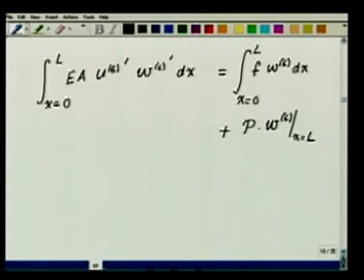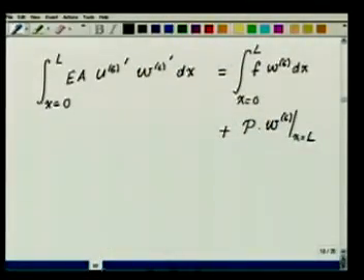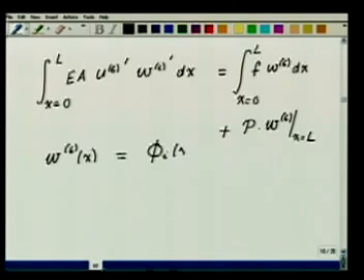Since this w is a weight function, it's an admissible function that we have taken. It could be anything provided it satisfies the geometric conditions at the ends. That is, these wi's that we used in the representation of w6 can be chosen according to our wish. So what we'll do is take a choice for w6 of x to be equal to phi i of x.